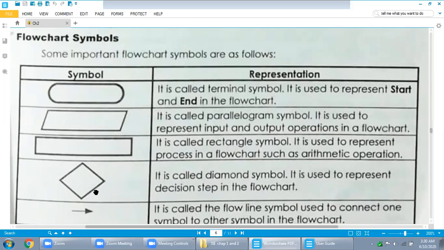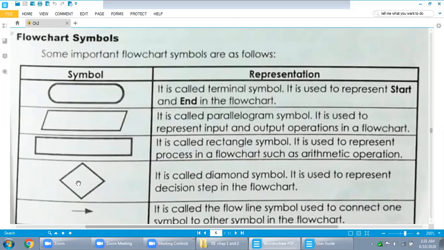Next, this one is known as the diamond symbol. The purpose of this diamond symbol is decision making. Let's say you're going on the road, and there are two ways coming, one on the right side and one on the left side. Before reaching the point, you will have to take the decision. Either you want to go on the right side or on the left side.